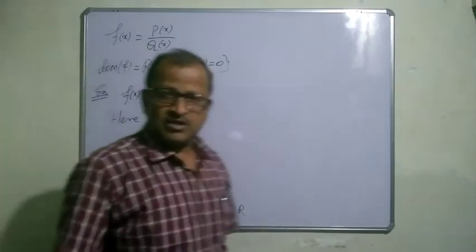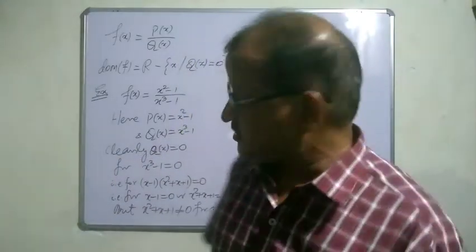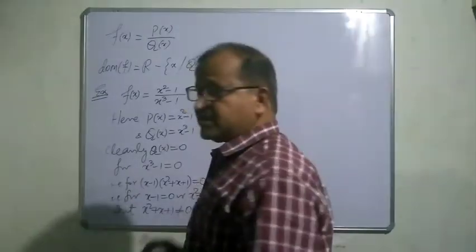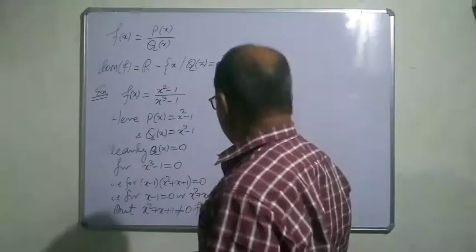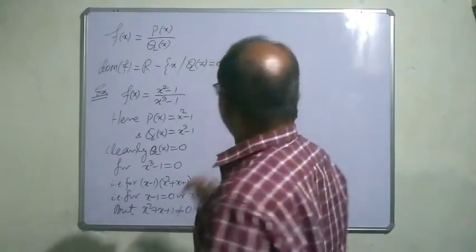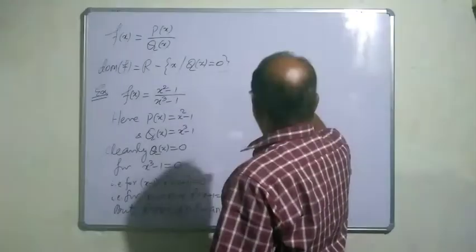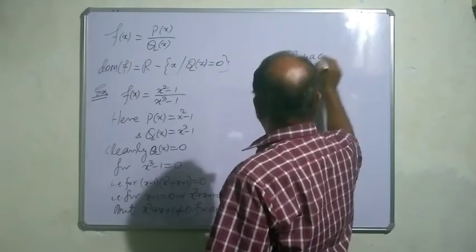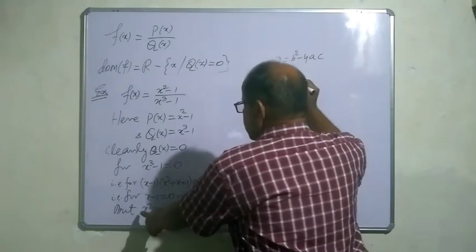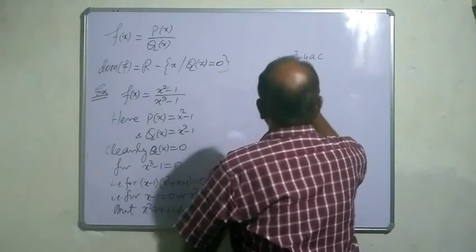How? It is not 0 for any x, because you see it is a quadratic equation, x square plus x plus 1 is equal to 0. What is its discriminant? Yes, its discriminant is b square minus 4ac, where a is 1, b is 1, c is also 1.